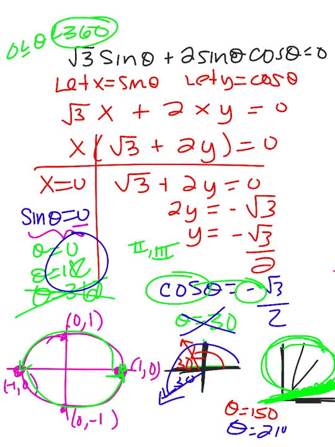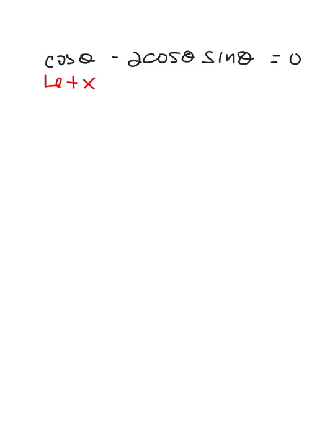All right, so let's take a look at 10b, last one. Okay, so we have cosine theta minus 2 cosine theta sine theta equals 0. So I'm going to let x equal cosine theta, let y equal sine theta. So I have x minus 2xy equals 0.